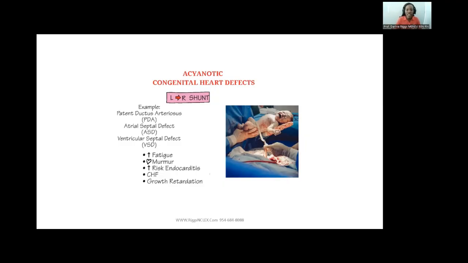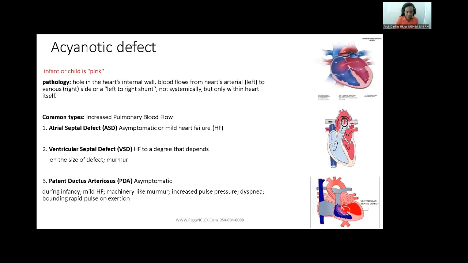So now let's go over these actual conditions. The first one is atrial septal defect. Think of the name, atrial, so it tells you you're talking about the atriums, not the ventricle. Atrial, between the atriums, septal is a hole, just like in this picture right here. You can see my cursor going back and forth. Atrial septal defect. There is a hole between the atriums of this child's heart.